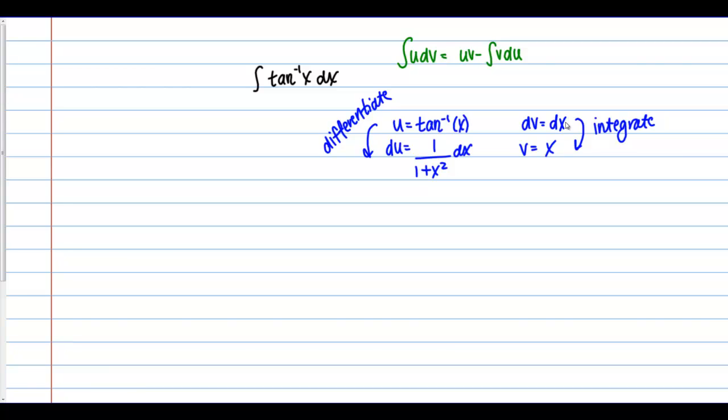Okay, so let's see what happens when we rewrite our integral using these pieces. First I've got uv, which in my case is x times the inverse tangent of x. And then I've got minus the integral of v du, which here is x over 1 plus x squared dx.